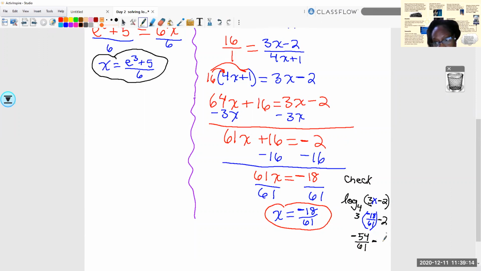So I have to convert, multiplying by 61 on top and the bottom. 2 times 61 is 122, and you have a negative number, you're subtracting, so this is going to be negative. All I have to do is get here. It's a negative value. This is rejected, and therefore our answer is no solution.